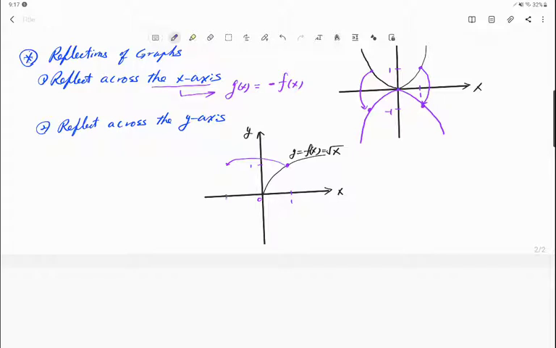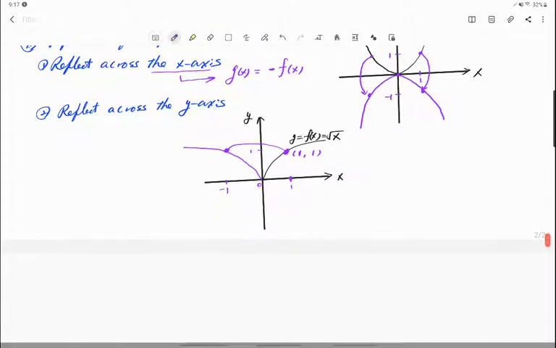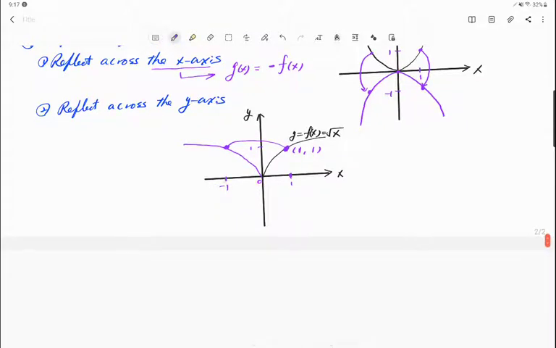So it's got to go to where? Negative 1, because when x equals 1, y equals 1. Once this point is reflected across the y-axis, it goes to the other side, which is x equals negative 1. So the graph looks like this, right? As you see, the y values are the same, but the x value has a different sign.